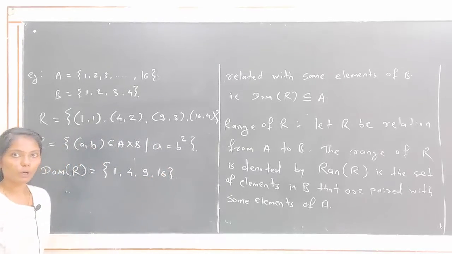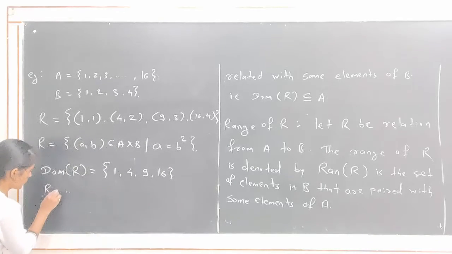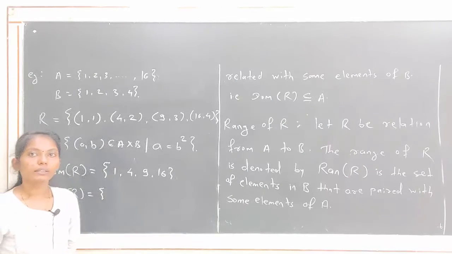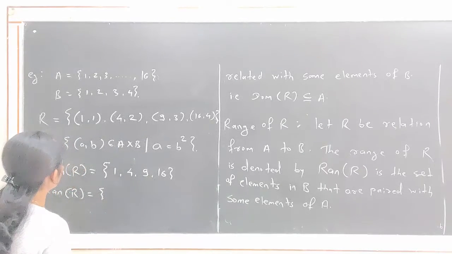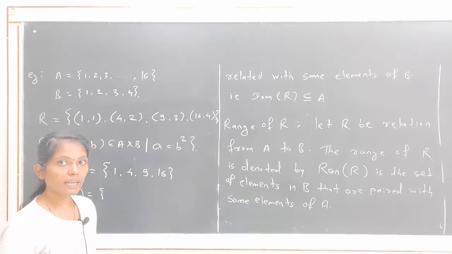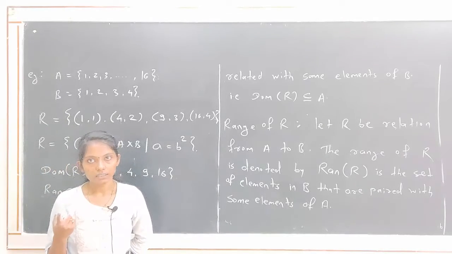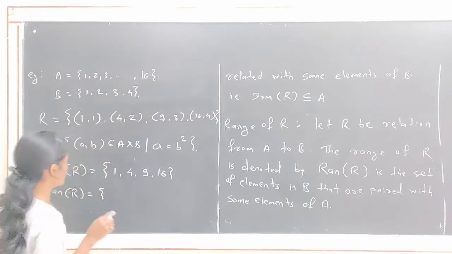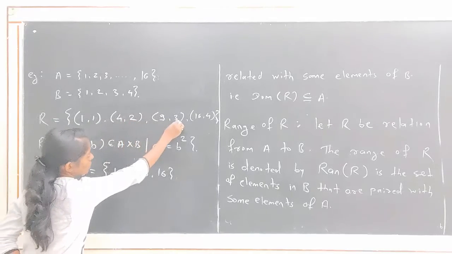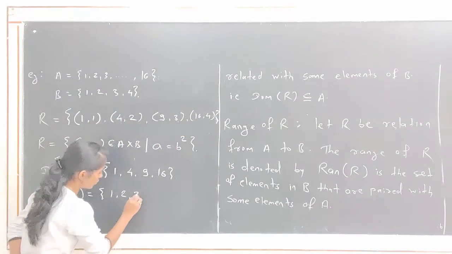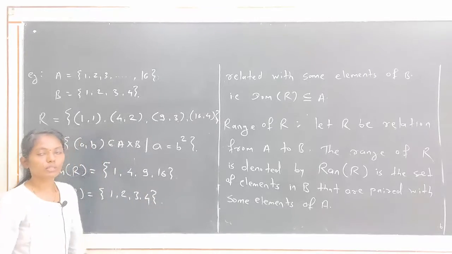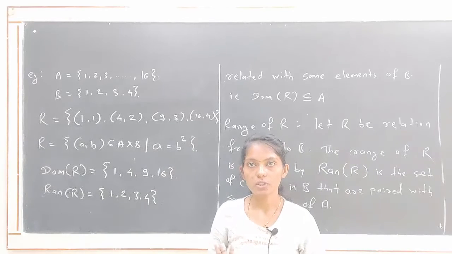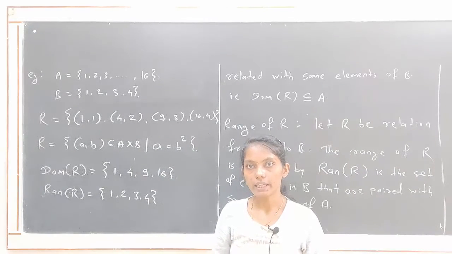This is the domain of relation R. And range of R, that is the elements in B that are paired with some elements of A, that is 1, 2, 3 and 4. So this is domain and range. So all of you get it, domain and range. Okay.